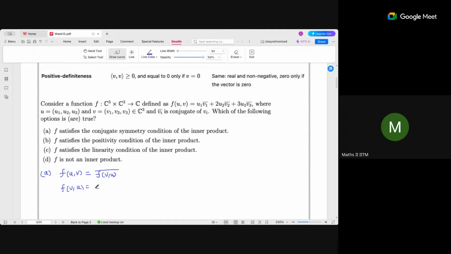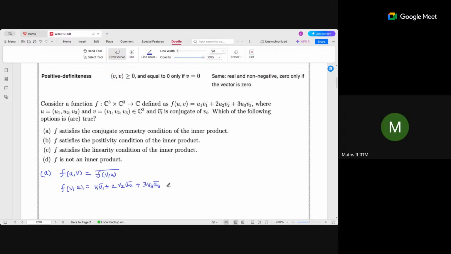So f of v comma u is v1 u1 bar plus 2 v2 u2 bar plus 3 v3 u3 bar.